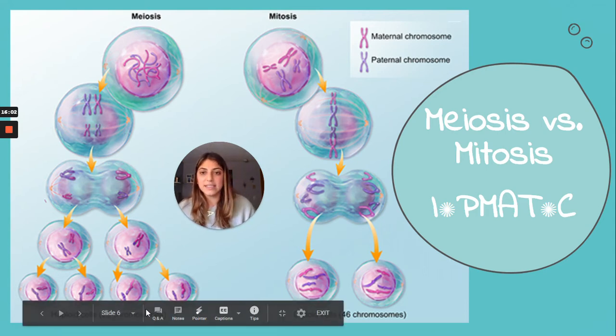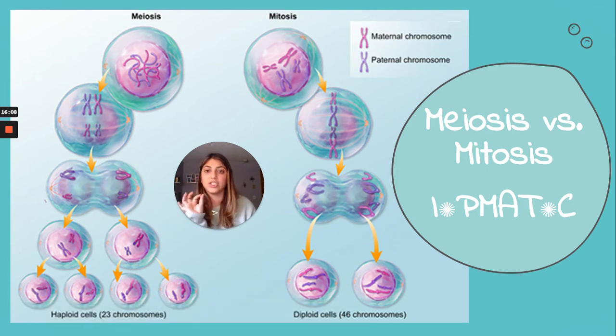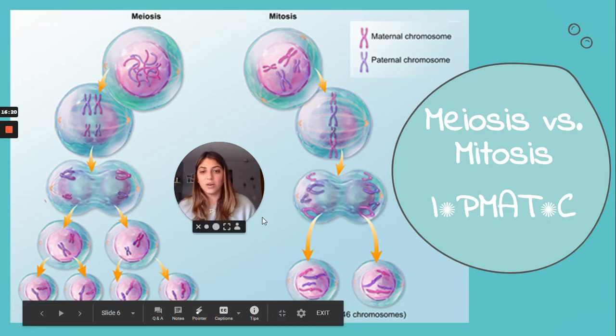Then cytokinesis, which results in 4 haploid cells, and each one is genetically different from the other. And that's how we get meiosis. That's why you can look different from your siblings, because you don't necessarily get the exact same genes, right? So that is a brief overview of meiosis and mitosis.